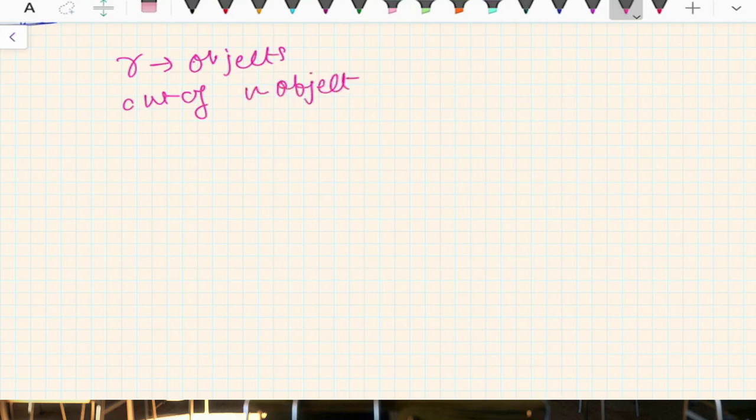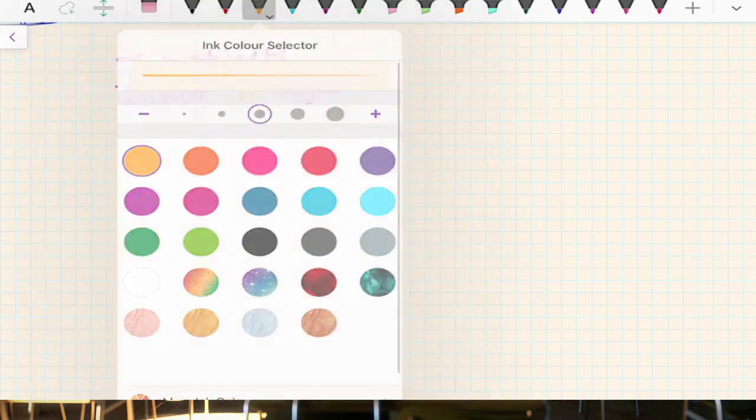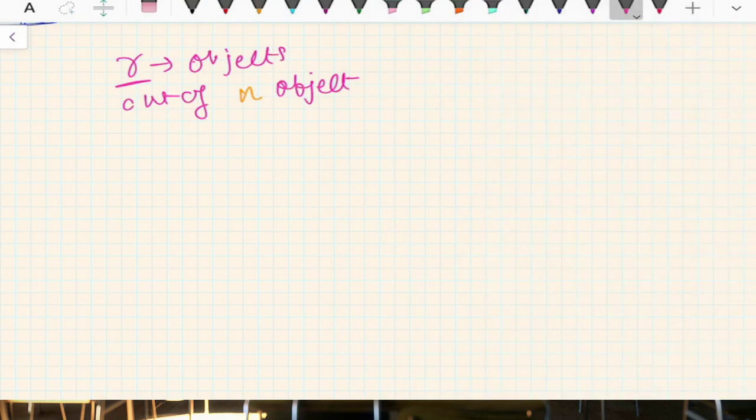Let's just say I have to arrange r objects out of n objects. I have to arrange r objects out of n objects.